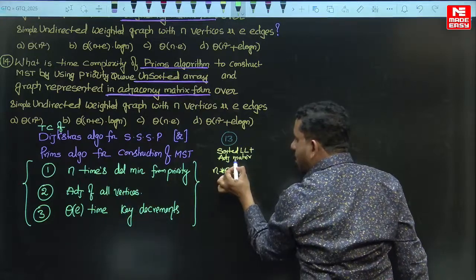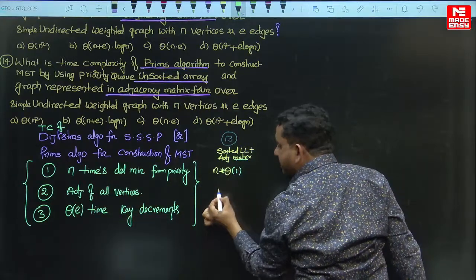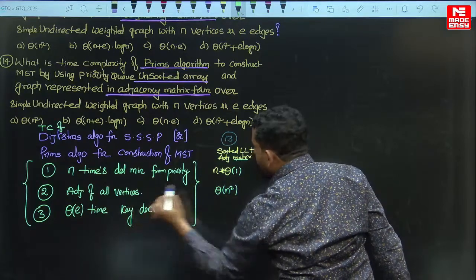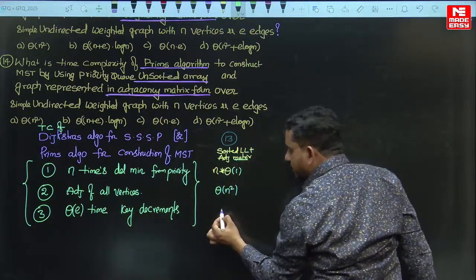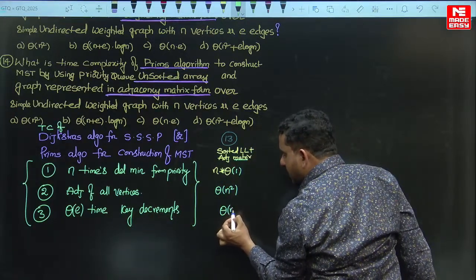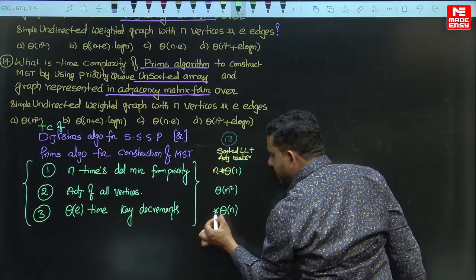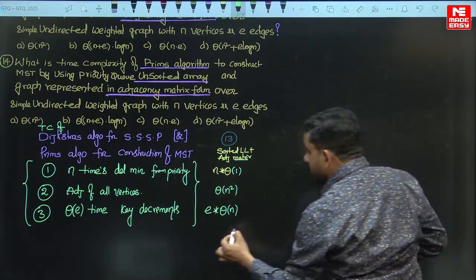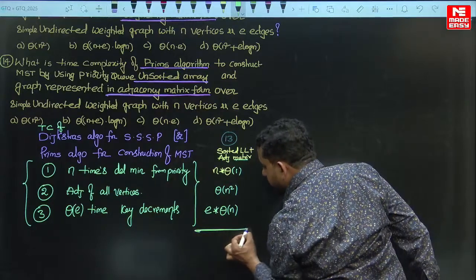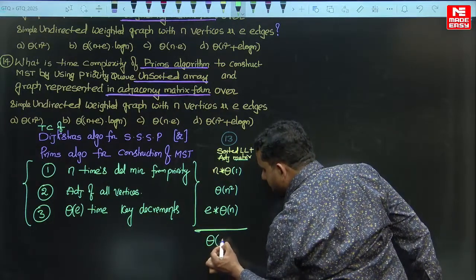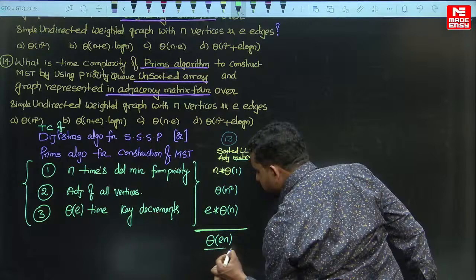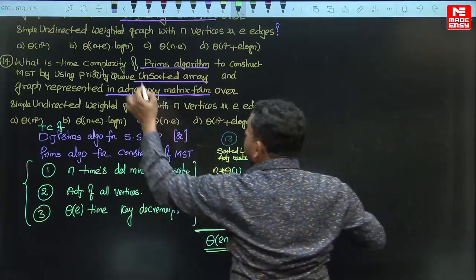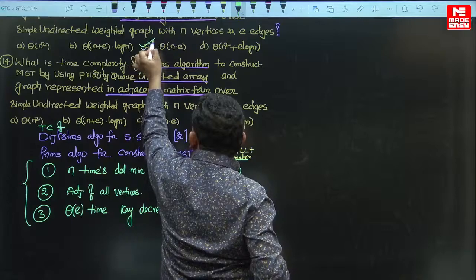Finding the adjacency of all vertices, because of the adjacency matrix, takes order of n square time. Then one key decrement from the sorted linked list requires order of n time, and it is repeated order of e times. So the leading term becomes e multiplied with n, and the worst case becomes n power 4. So the answer is option C.